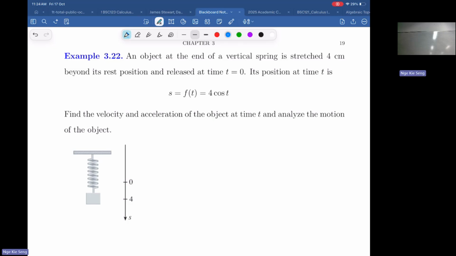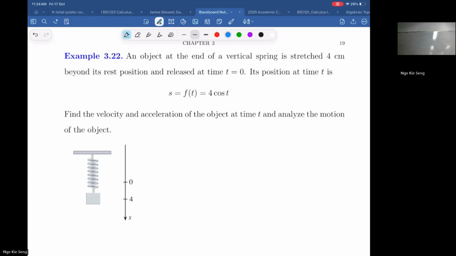So you want to find velocity, acceleration. So this is a displacement function. So velocity, how to find? dx/dt. Acceleration, dv/dt, which is d2x/dt square. That's it.